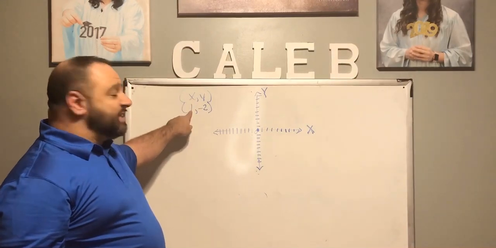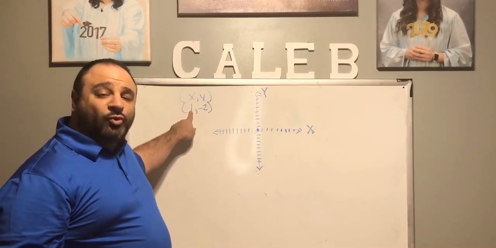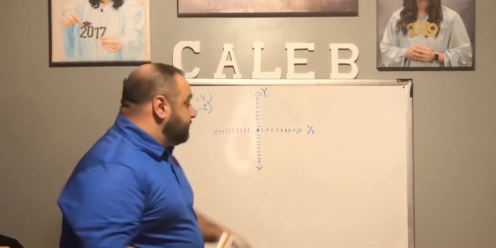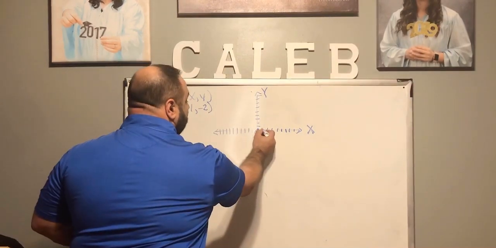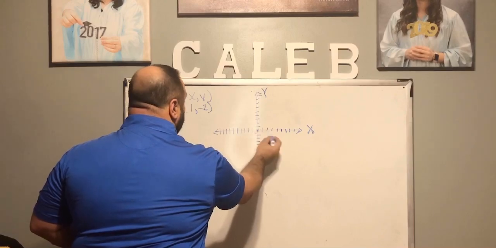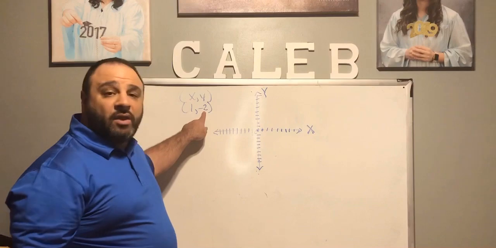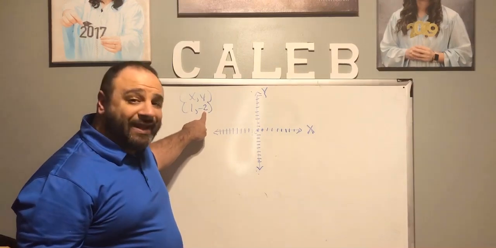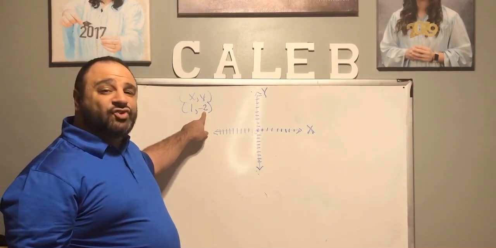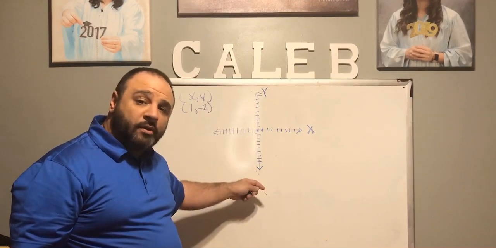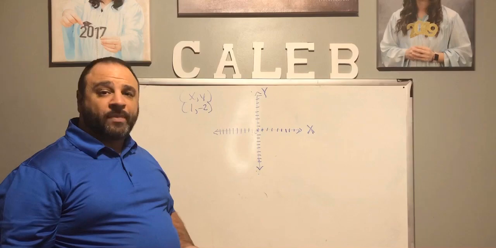Since it's positive, would it be located to the left or to the right of the 0? To the right. Okay, so here's 0, and 1 spot to the right. Now the y coordinate, or the ordinate, since it's -2, do we go up above 0 or below 0? We go down.